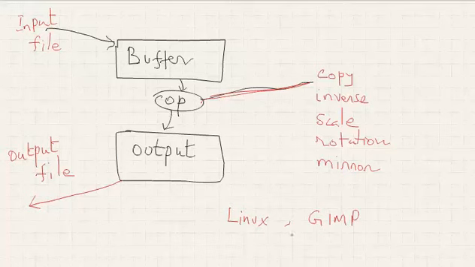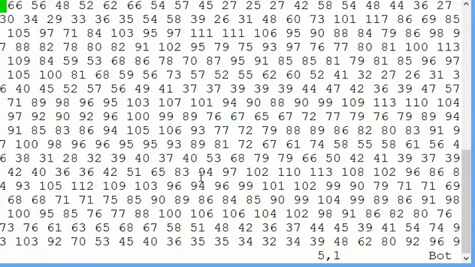Okay, let's go back to the file. Enough of talking, right? Okay, so we saw this is the picture, different kind of picture pixels, right? These are different pixels.